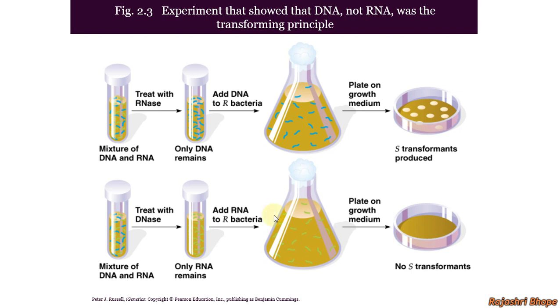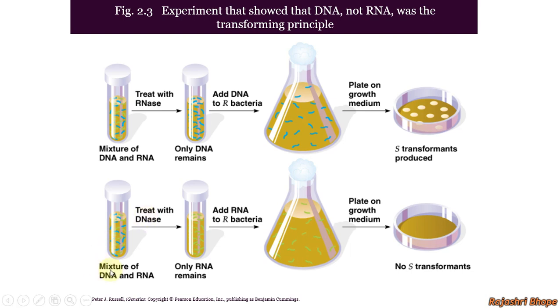Then they stated that the DNA enters into these rough strains of organisms, and these rough strains are then transformed into the smooth one. As the smooth strain organism's DNA enters the rough strains, these rough strains are transformed to the smooth one. Therefore they discovered that the DNA is the transforming principle which is converting one form of organism to the other.